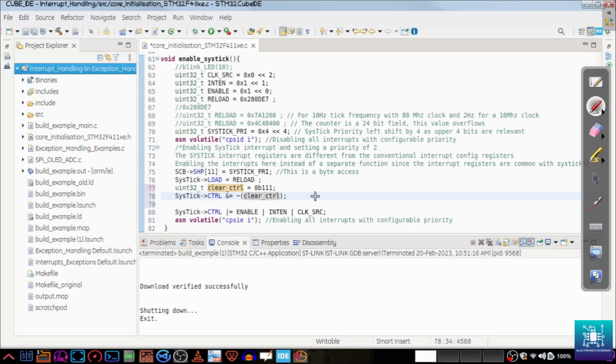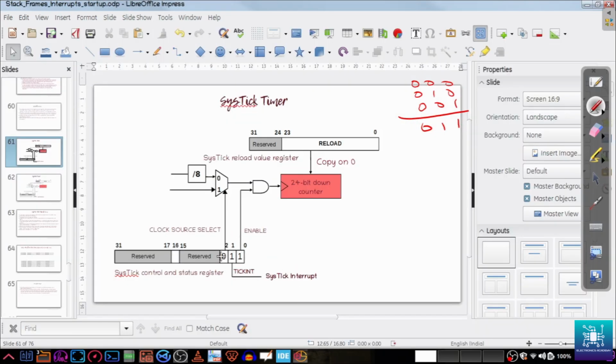So now, assuming that all the bits are cleared, we combine the interrupt enable and clock source bits: 0 1 0 and 0 0 1, so what we get is 0 1 1. So we OR this field with 0 1 1, and what we get is 0 1 1 in this register, the Systick control and status register, which you also saw in the data sheet. Once you get that, this register is all set to operate.